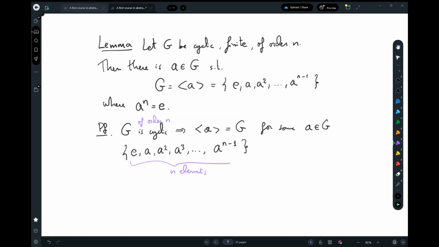I just need to show that these have to be all different. If these are all different, then these are n elements, and therefore this must be G.